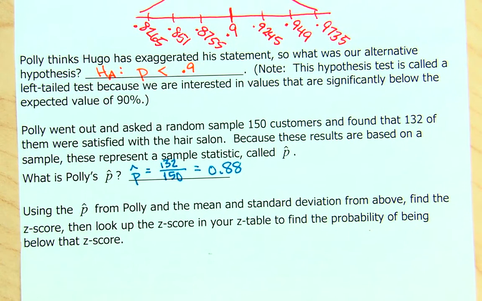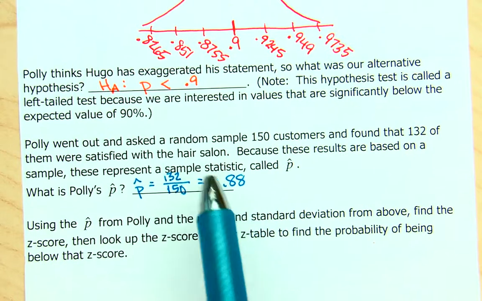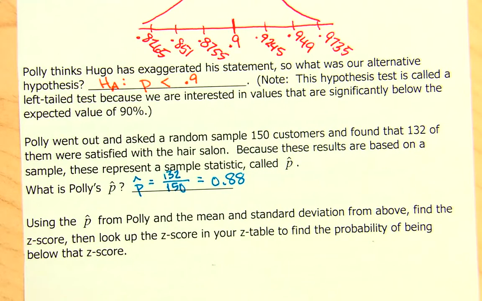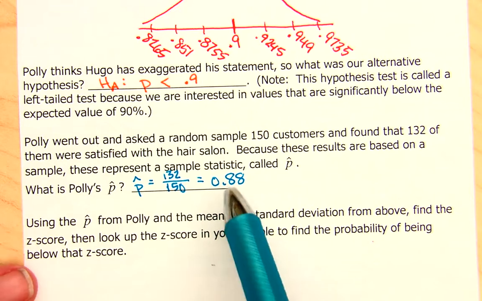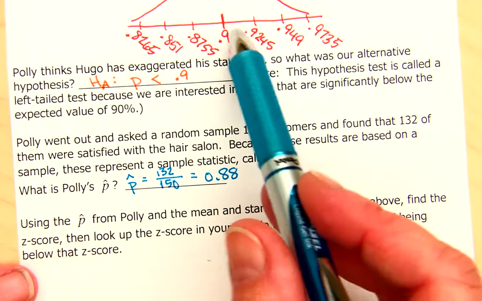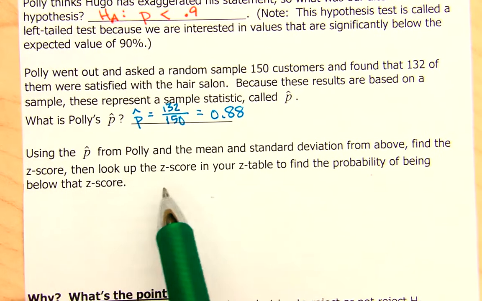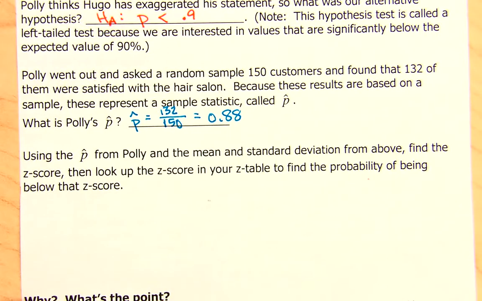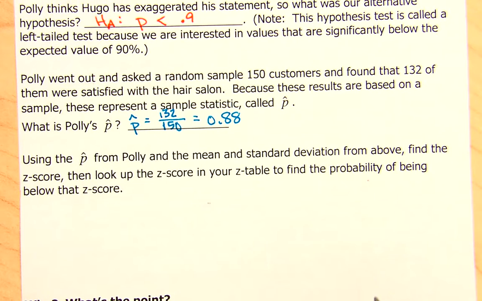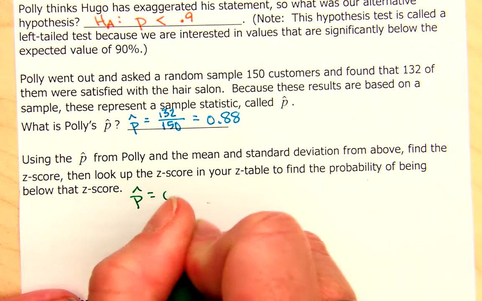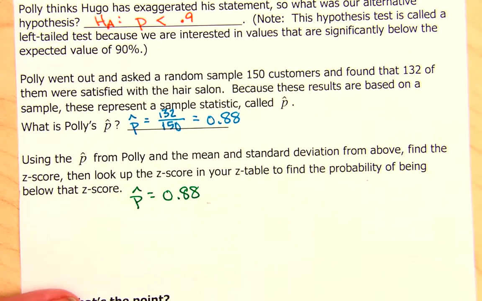So our job is to figure out, does getting a 0.88 mean that we don't think that 0.9 is accurate? Is this number far enough away from 0.9, what we think is the mean, to say there's a problem here? So the way we do this is we calculate a z-score based on this sample information. We found that our sample, our P hat, was 0.88.